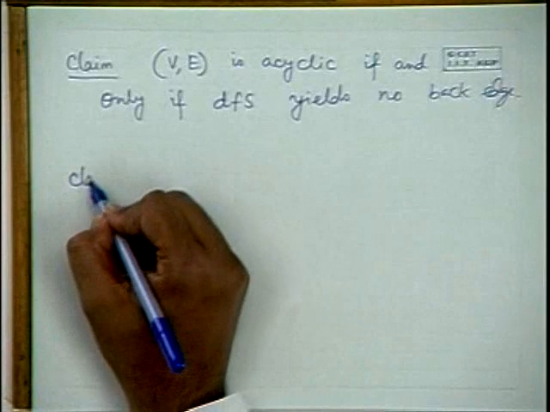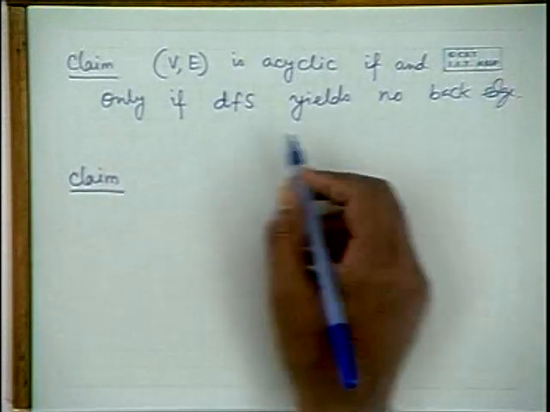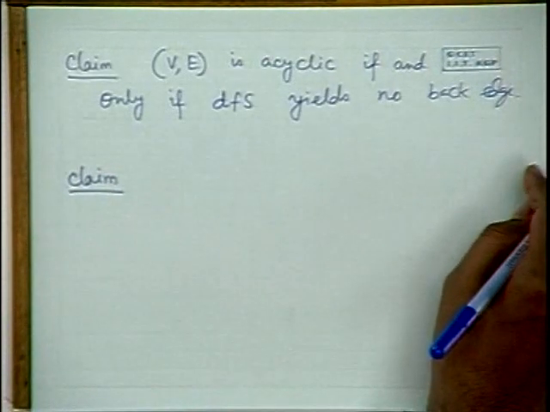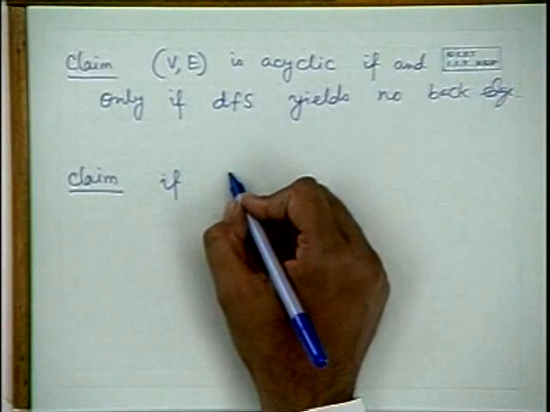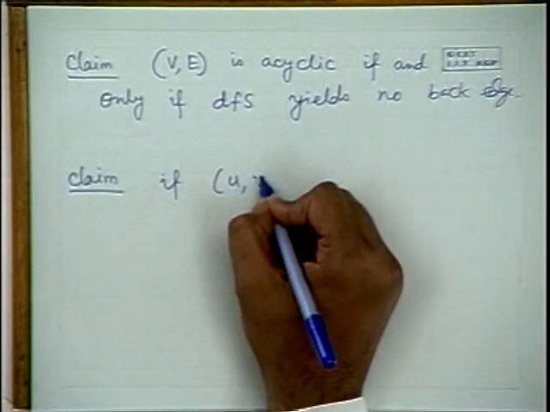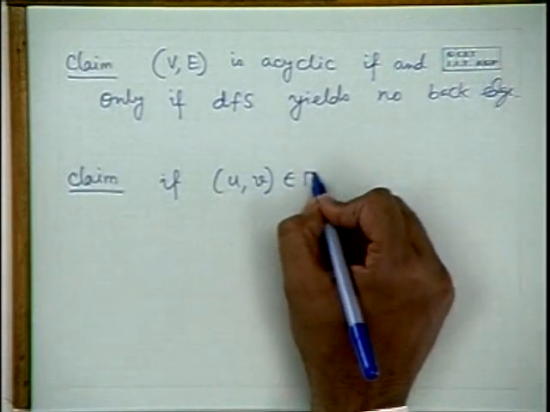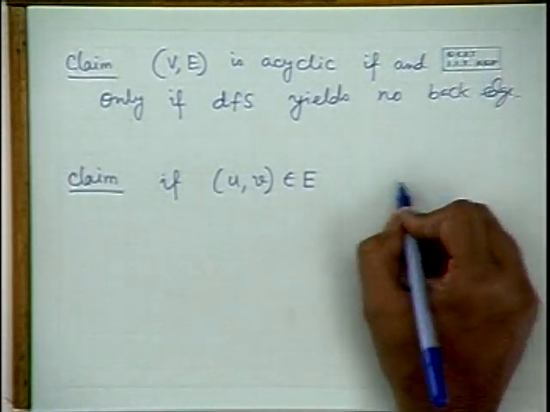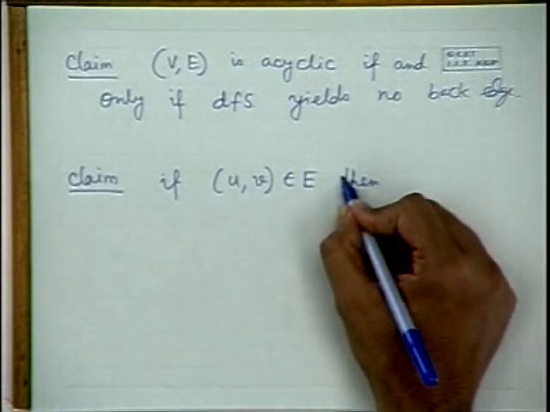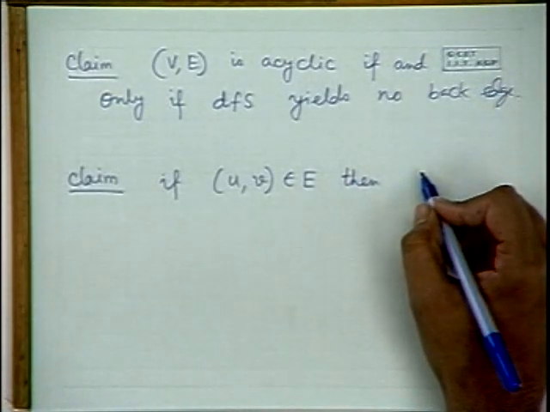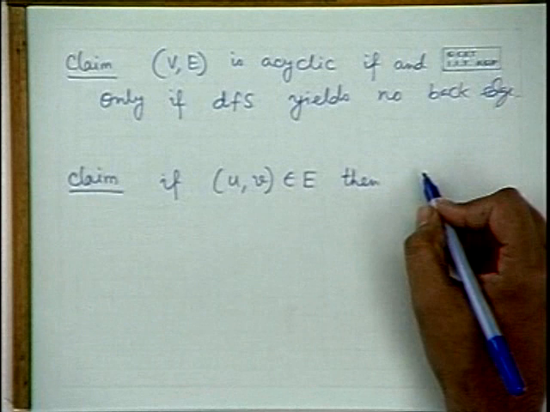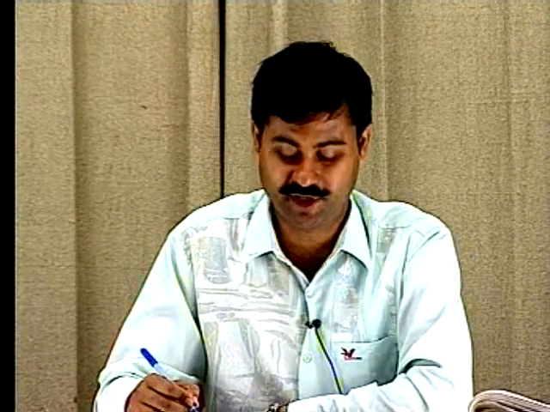Now here is the second claim, and when I put the second claim, the algorithm is almost immediate. The second claim is: if UV is an edge, then what do you expect?